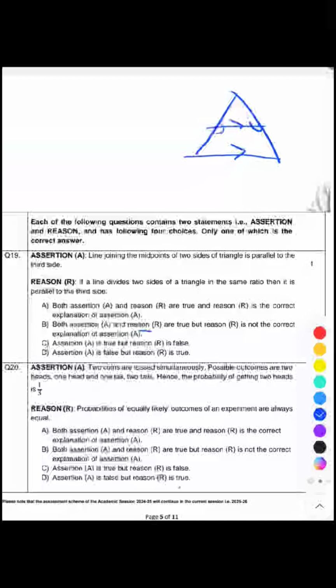Converse of BPT. Now, reason: if a line divides two sides of a triangle in the same ratio, then it is parallel to the third side. Yes, it is also right. So here A and R both are true. So option A is right.